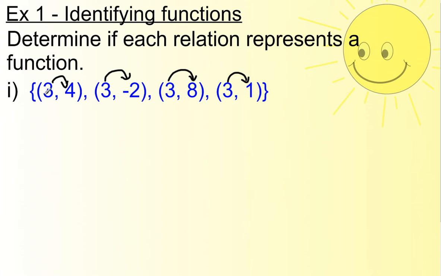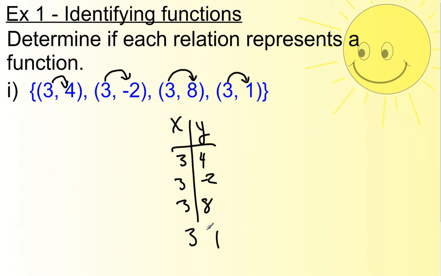So each input does not have exactly one output. If we represent this as a table, x, y, 3, 4, 3, -2, 3, 8, 3, 1, again, each input does not have exactly one output. This 3 goes to 4, and -2, and 8, and 1.